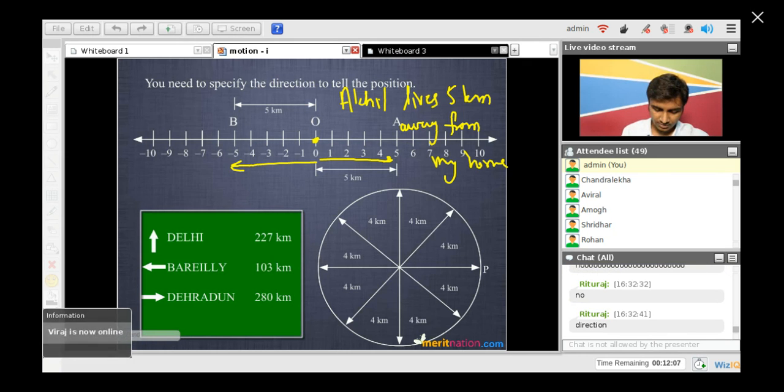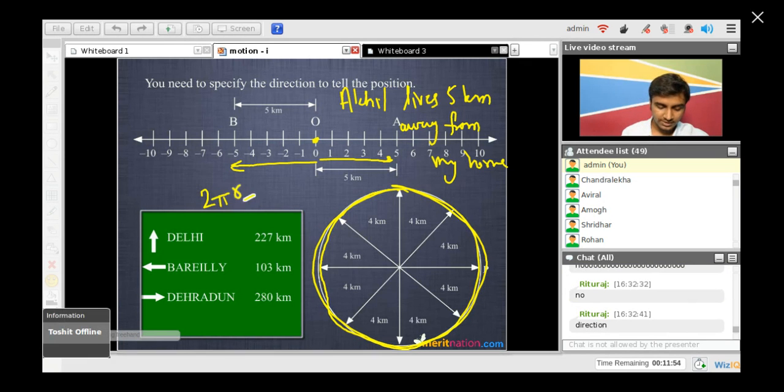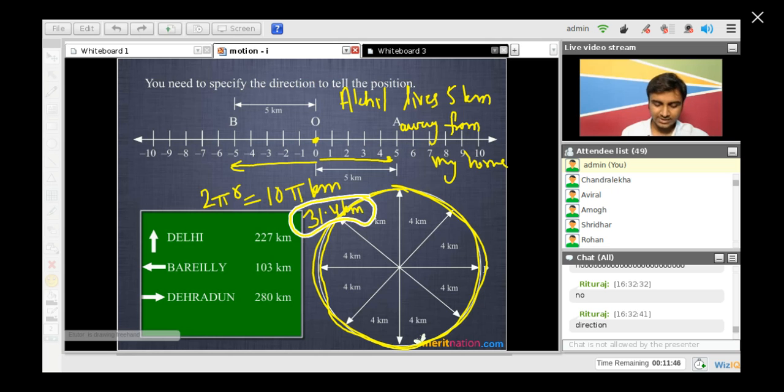It can be at any point on this circle of 5 kilometers radius. So you have to move 2 pi r, that is 10 pi kilometers, which is equal to 31.4 kilometers. To find his home, you need to move 31.4 kilometers in a circle. Then only you will be able to find the home of Akhil. So that is why we require direction.